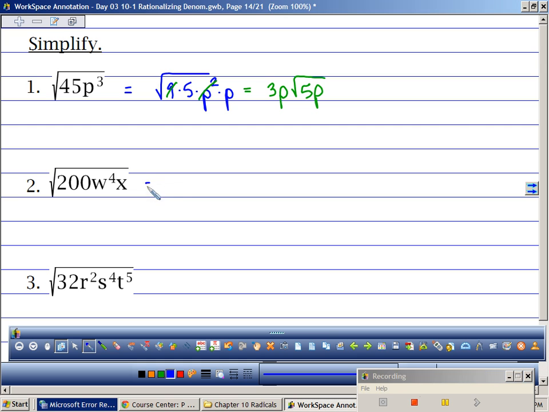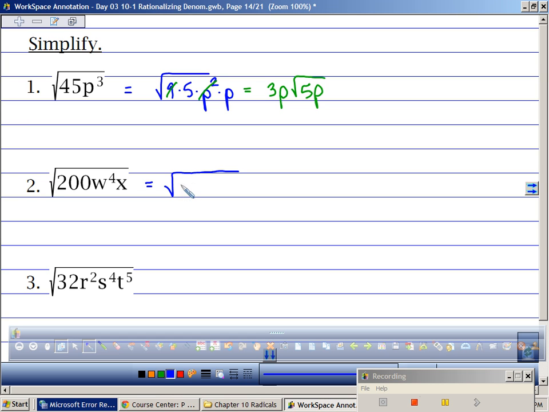So what are the squares in 200? We went too fast. Not 4 tens. Two times 100, which is 2 times 10 squared. That's it. 2 times 100.